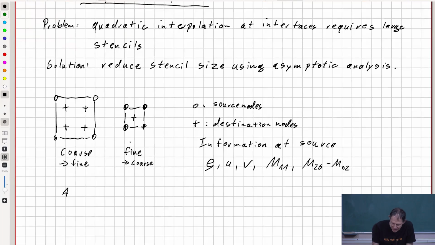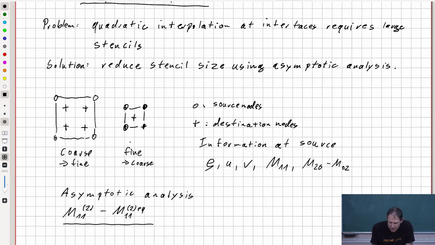Then, according to our asymptotic analysis, we can write m11 to second order minus m11 equilibrium to second order, divided by rho 0, is minus 1 over omega, so there's a pre-collision state, minus 1 over omega theta times dx v1 plus dy u1.